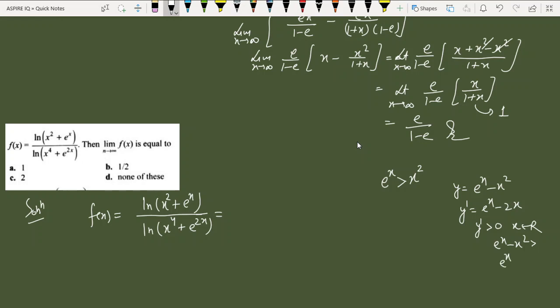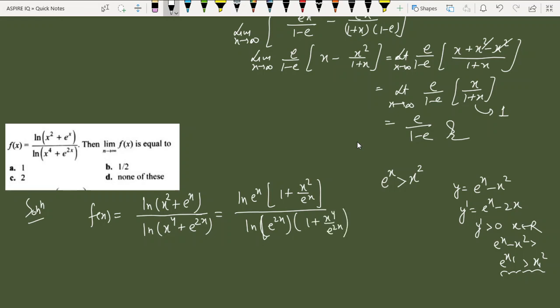So e to the power x1 will be greater than x1 square, right? This is an increasing function, so we can say e to the power x is always greater than x square. Now take e to the power x common: ln of e to the power 2x, common 1 plus x to the power 4 e to the power 2x.